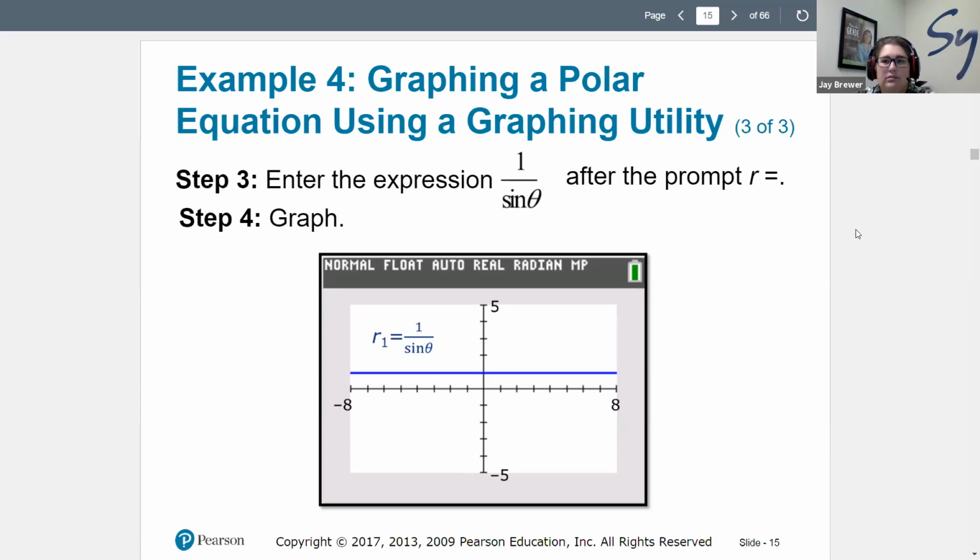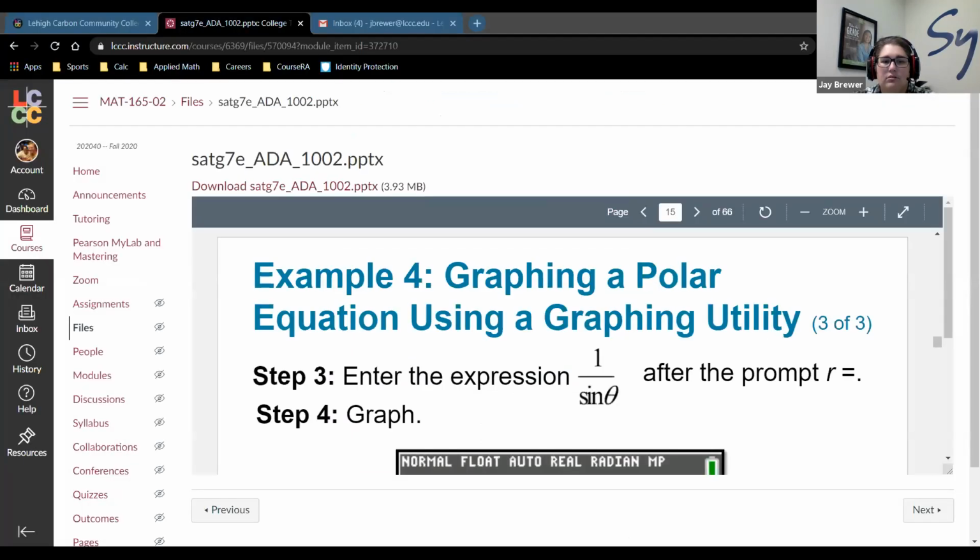So let's see if we would get the same thing if we go into Desmos. Give me 1 second. Oh, I actually think I had a Desmos calculator open.